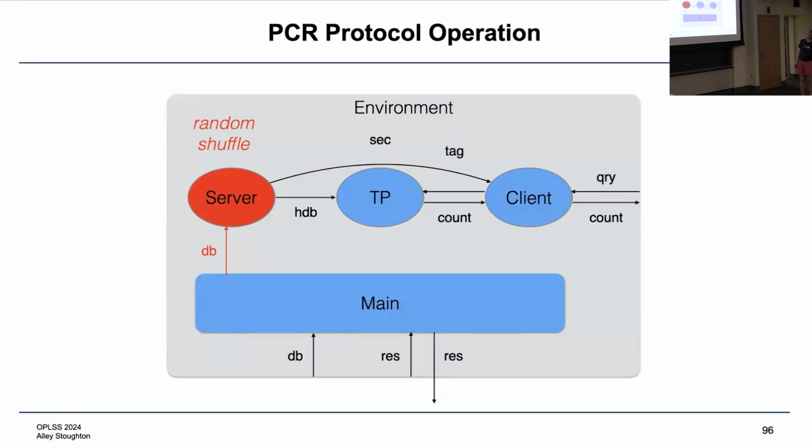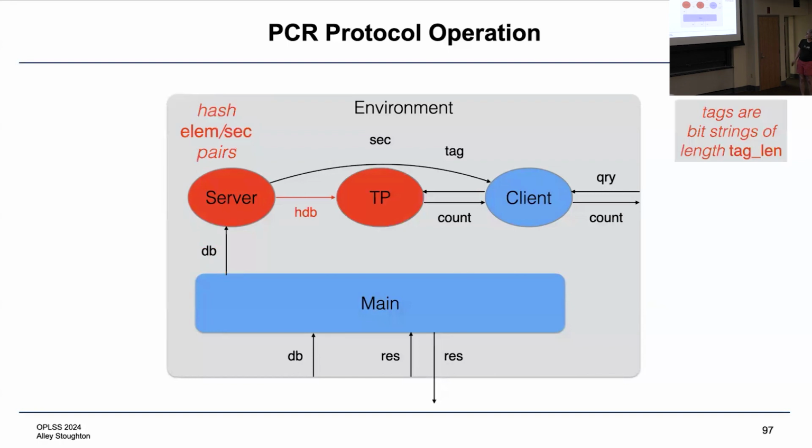Then it takes each element in the database, pairs it with the secret that the client also knows, takes this pair and hashes it. And that gives us a hash tag, a bit string of length taglen. So for each element in the database, we're making a pair of that element and the secret, and we're hashing that.